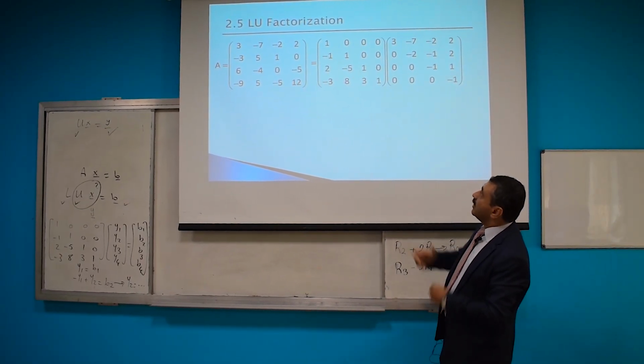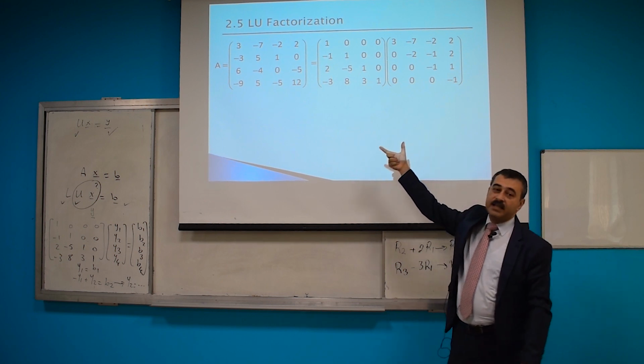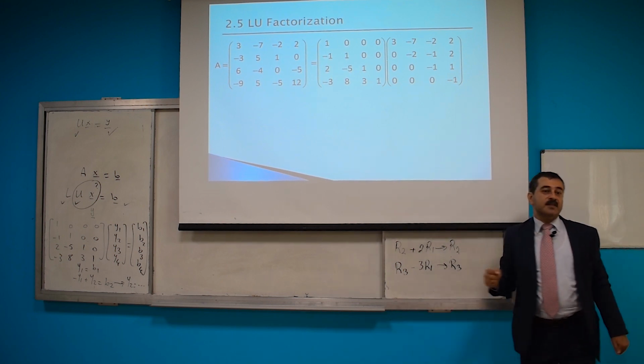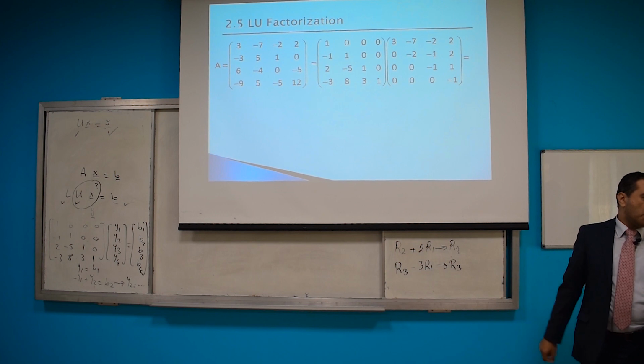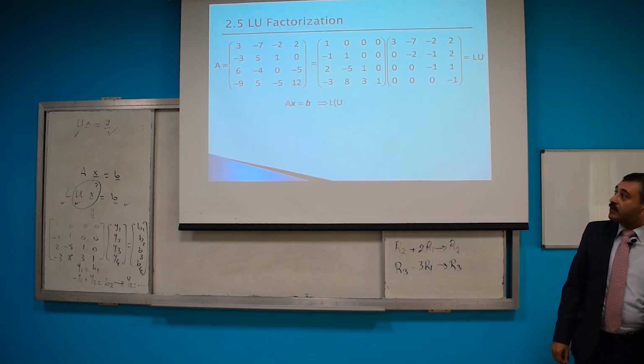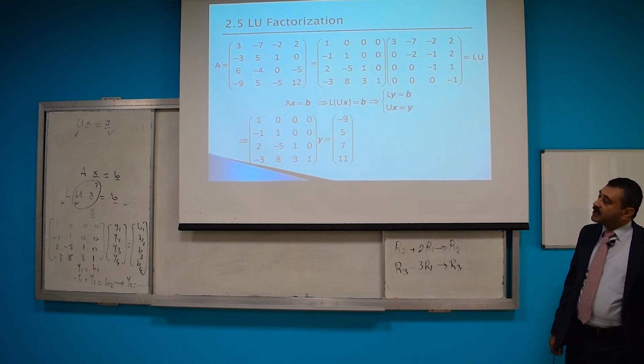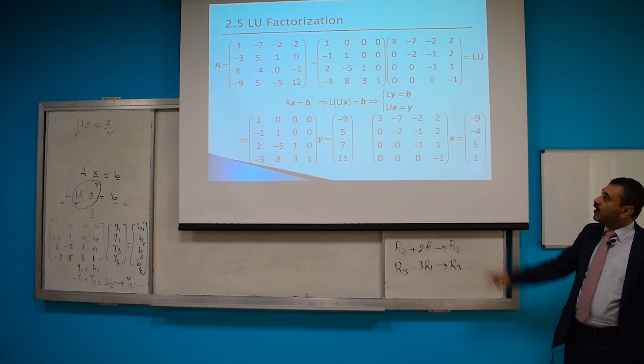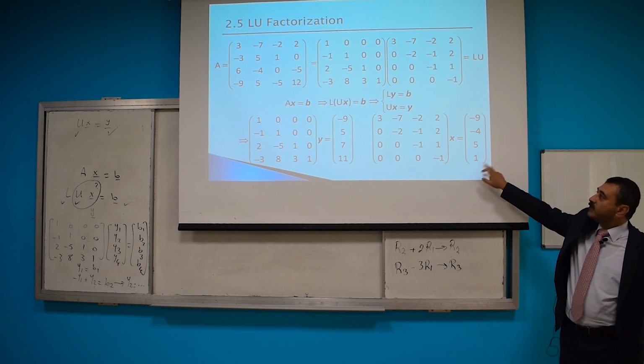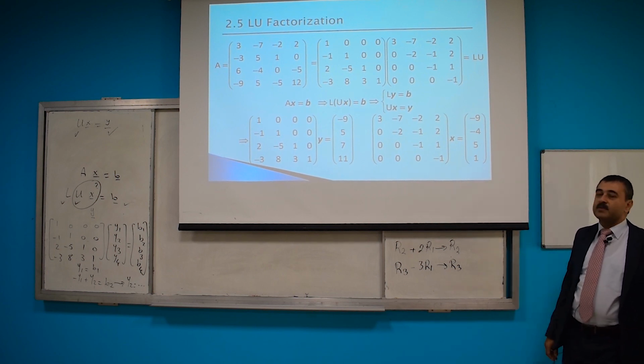So my problem now is how to write the matrix A as a product of two matrices L and U. So this is what I did on the board. You solve this for Y. Once you get Y, you solve UX equal to Y using back substitution.